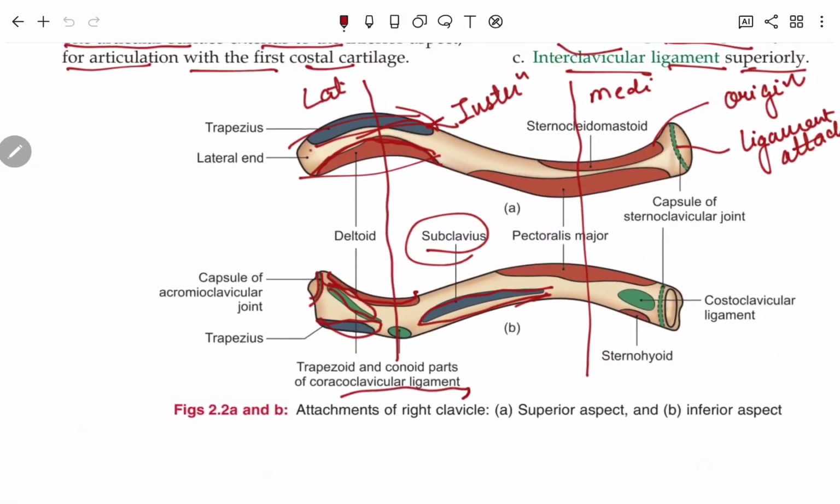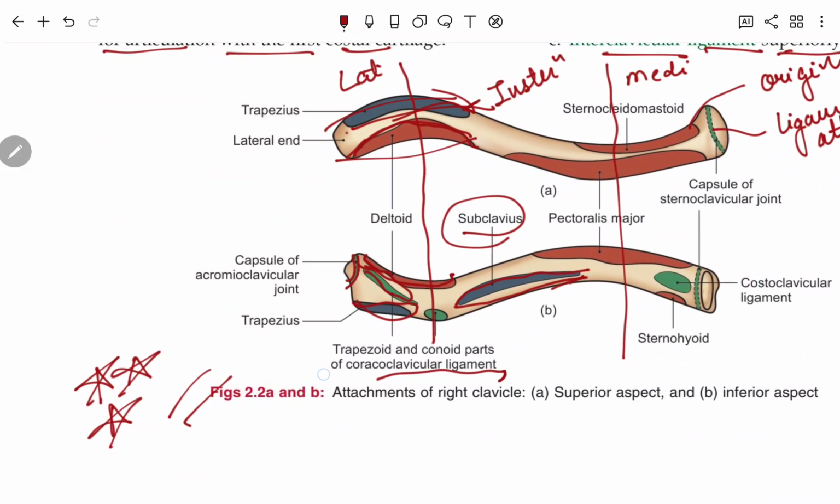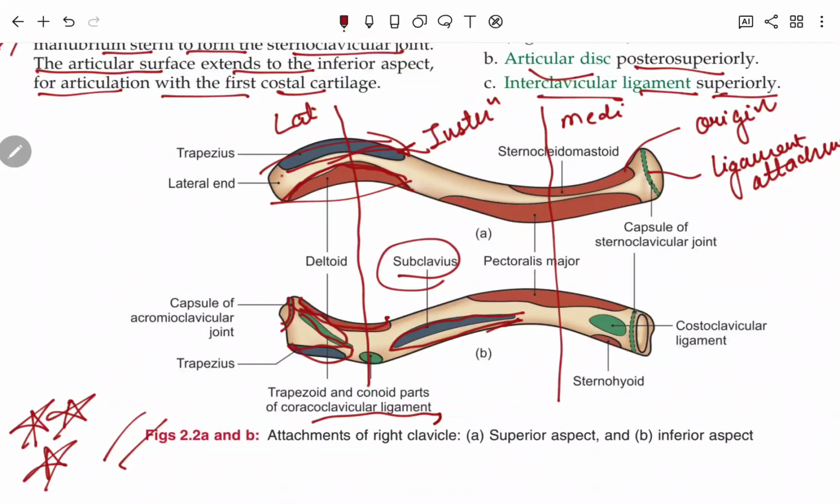So just mainly remember this diagram, palpate and connect all the dots. Even if you don't remember the theory part for bone, you need to learn this diagram. So just remember the diagram and go through it.